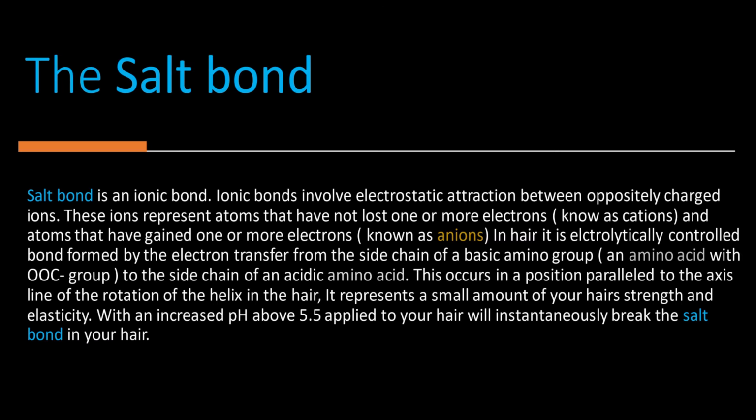In hair, it is an electrolytically controlled bond formed by the electron transfer from the side chain of a basic amino acid group, an amino acid with an OH group, to the side chain of an acidic amino acid. This occurs in a position parallel to the axis line of the rotation of the helix in the hair. It represents a small amount of your hair's strength and elasticity. An increased pH above 5.5 applied to your hair will instantaneously break the salt bond in your hair.